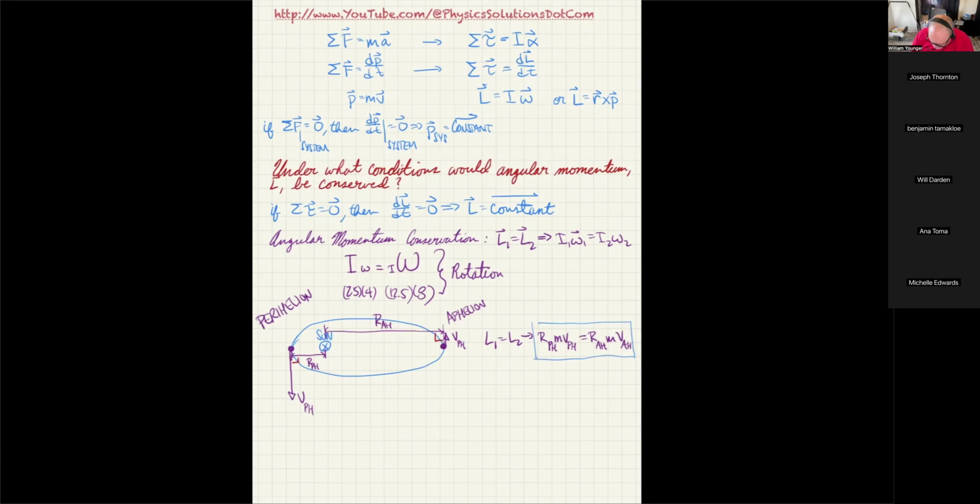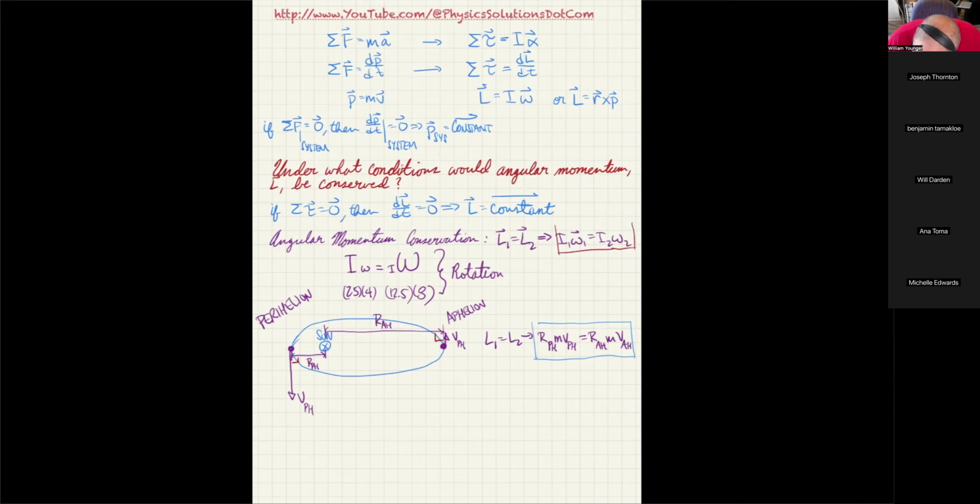And that always works. If you try some other points other than aphelion and perihelion, it's going to be more complicated because the r and the v are not going to be perpendicular to each other, and therefore the r and the p are not perpendicular to each other.